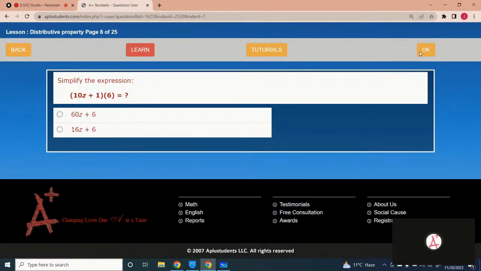Option 1 or option 2? Very good. Option number 1, 6 times 10 is 60 and 6 times 1 is 6. It would be 60z plus 6. Got it? Okay, you can complete the test by yourself later today. Let me just move on to the next topic.